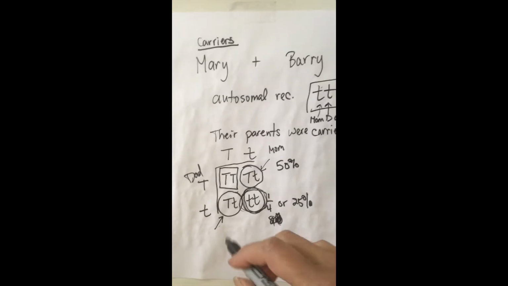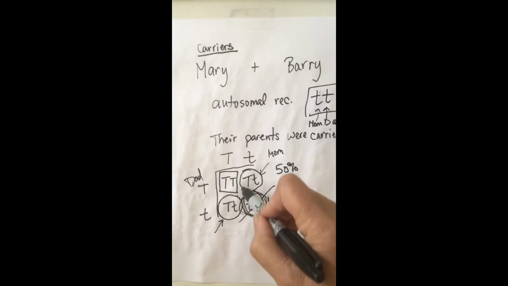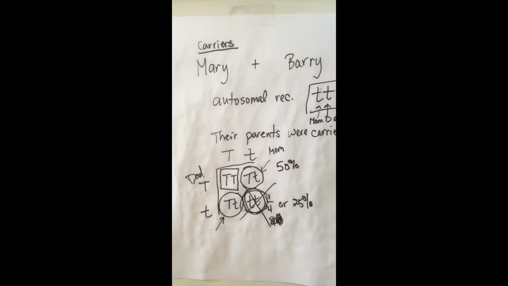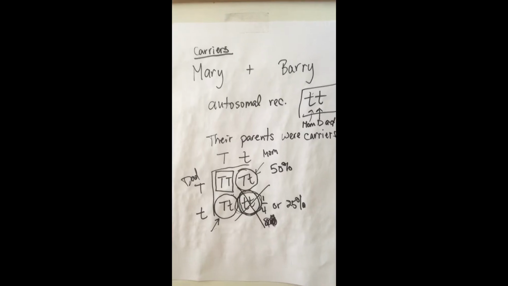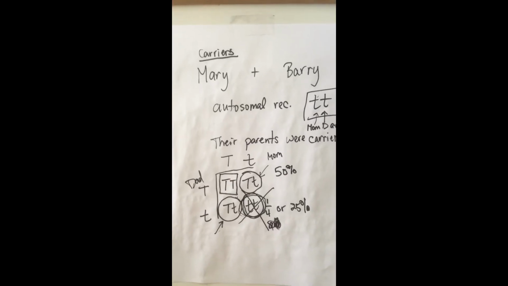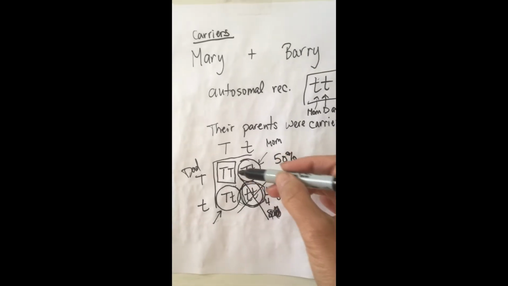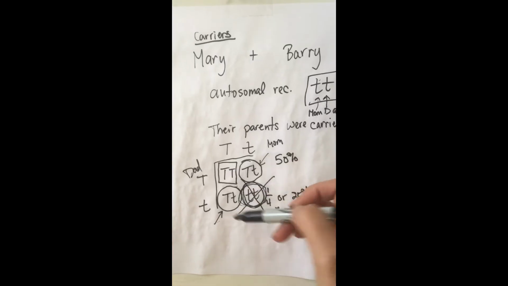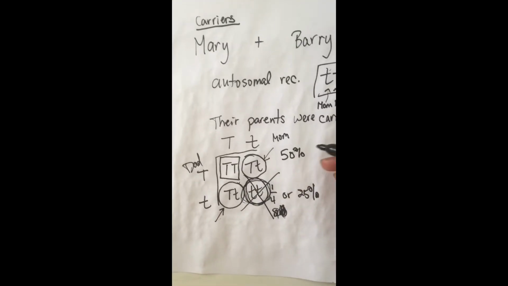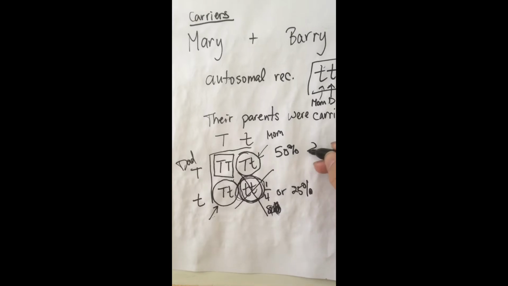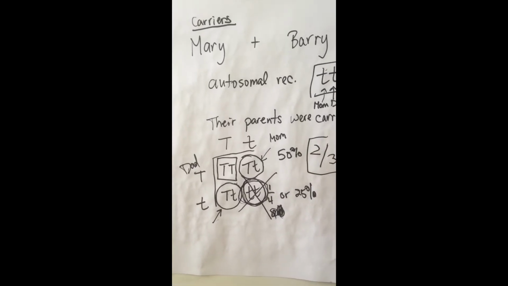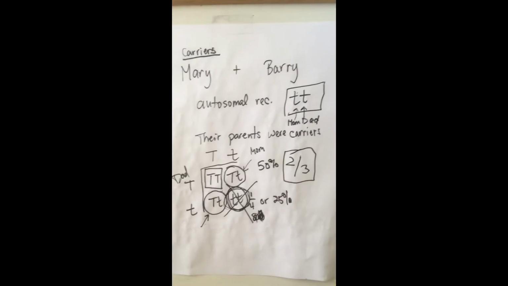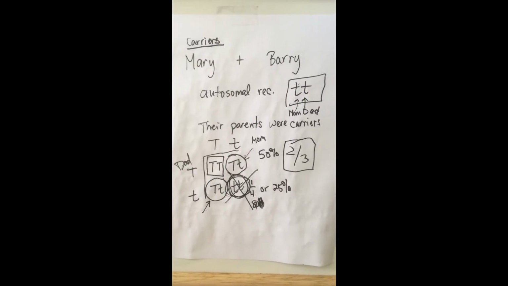So we know this is not a possibility for either of them, because if they were homozygous recessive, then they would have thalassemia. So now we're only left with actually 3 options, 1, 2, 3. So the odds that they are carriers are 2/3. Okay, and now I'm ready to move on to a new piece of paper.